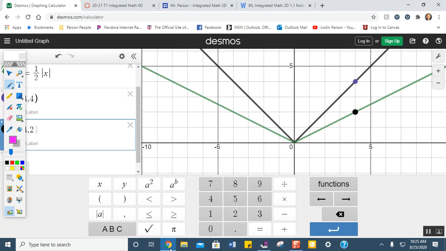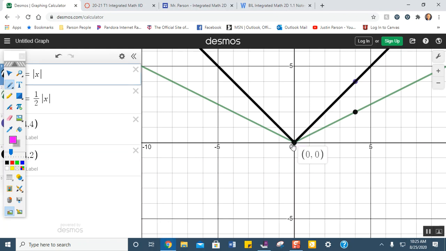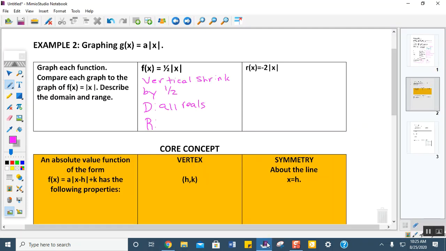And are the points that are covered above or below that? Well, my vertex for the green graph, the transformed one, is still at 0, 0. And everything's above that. So I'm going to say the range in this situation is y values greater than or equal to 0.